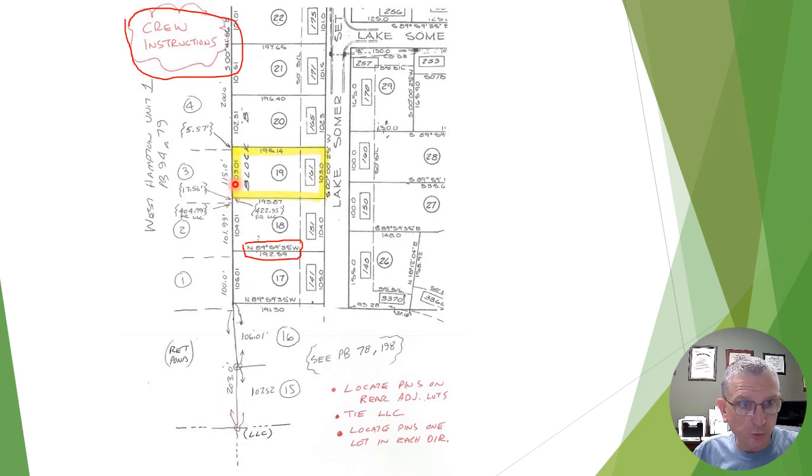Then we're going to go north 103.01, this bearing up here, and then southeast, because that's the reciprocal of northwest, 89.59.35, 195.14 feet to the west right of way of Lake Somerset Crest, then south, blah, blah, blah. But anyway, this would be the legal point of beginning.